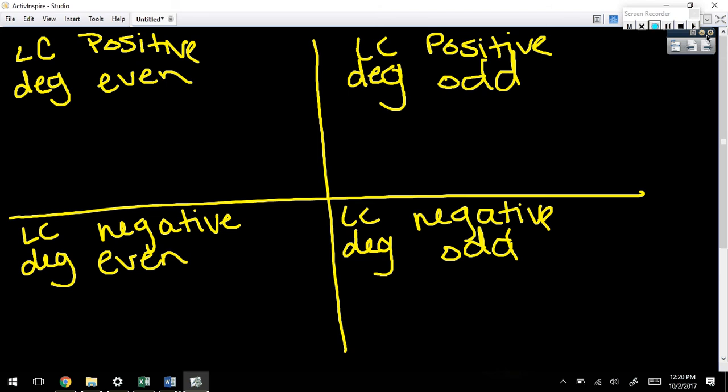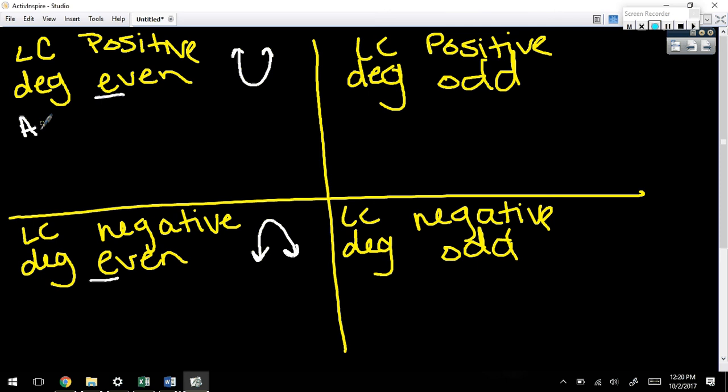So I know that an example of an even is a quadratic. If the front number is positive, it's happy and goes up. If the front number is negative, it's sad and goes down, right? If you have a picture, the end behavior is easy.